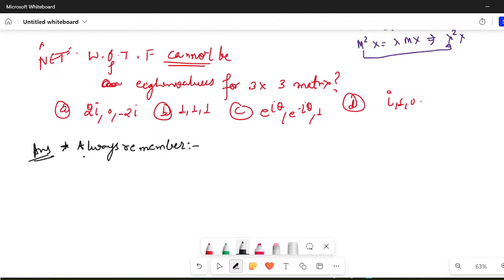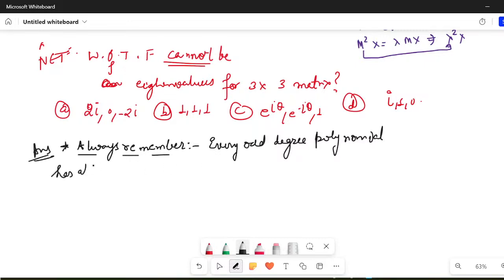Always remember that every odd degree polynomial has at least one real root. At least one real root.